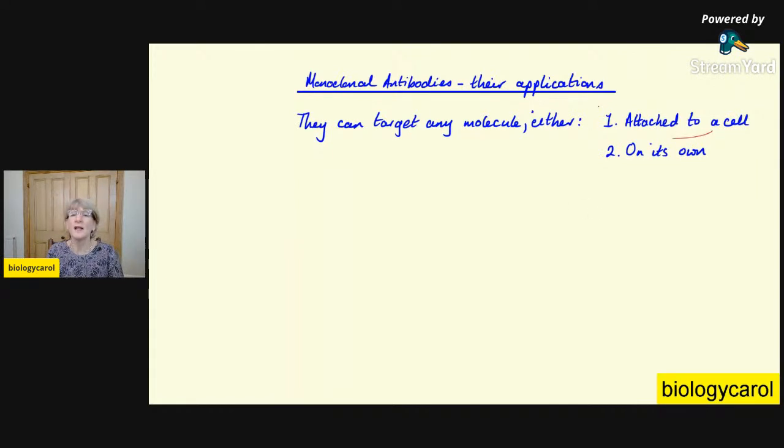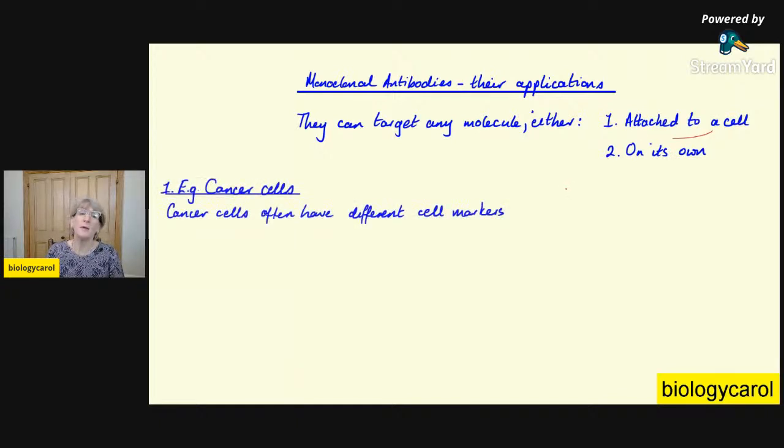So first of all, let's look at the scenario where the molecule, the antigen, is attached to a cell. And we're going to look at it in the context of cancer cells. It's really useful to look at it in the context of cancer cells, because cancer cells kind of hide within healthy, normal cells.